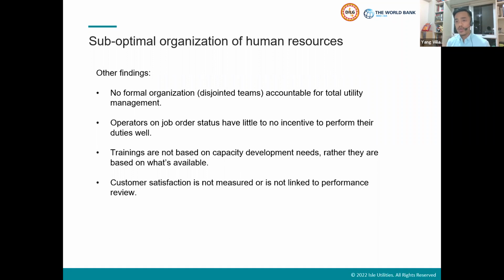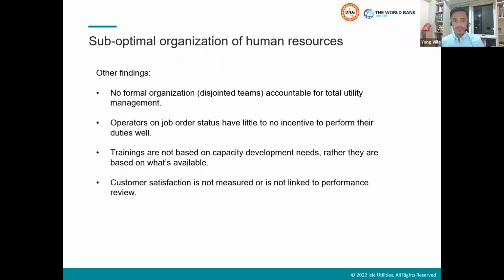The fact that there is no single entity responsible and accountable for water supply operations means that each of these departments is accountable for a piecemeal responsibility for water supply. And it's easy to say that's not really my problem. Talk to engineering, talk to budgeting, or talk to accounting. Because of these disjointed teams, no one is accountable for the totality of management and operations.